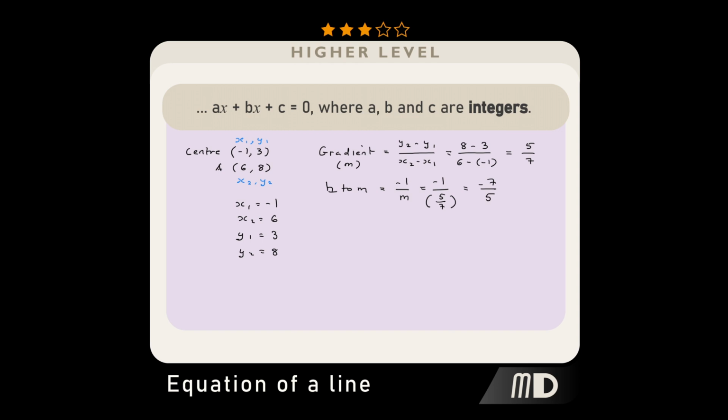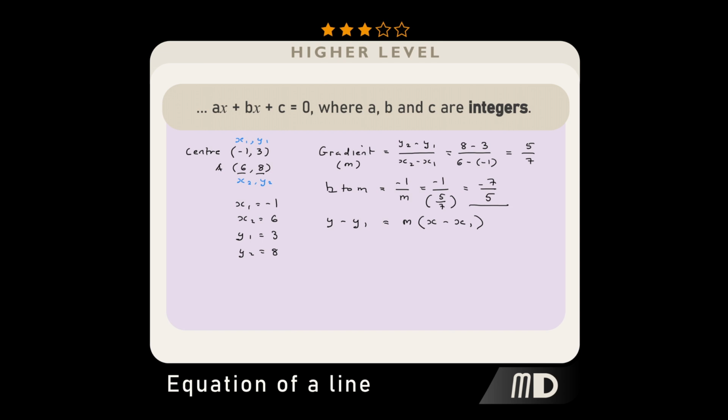The equation of a line is given as y minus y1 equal to m multiplied by x minus x1, where x1 is 6, y1 is 8, and m is minus 7/5.